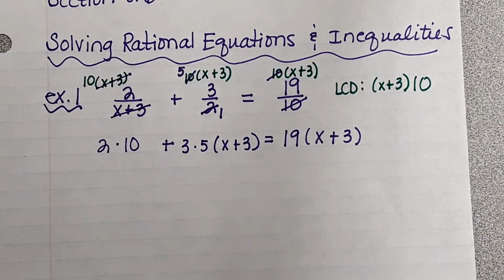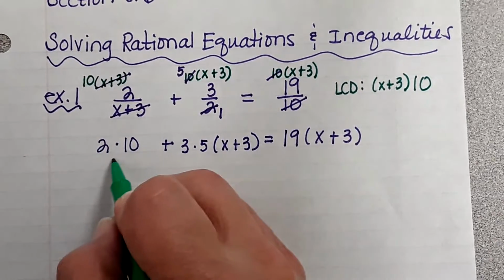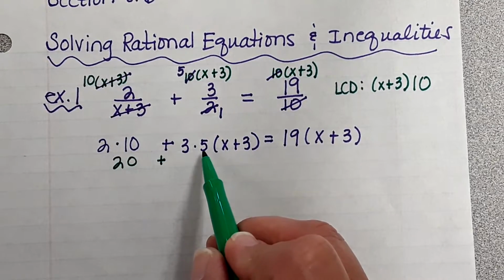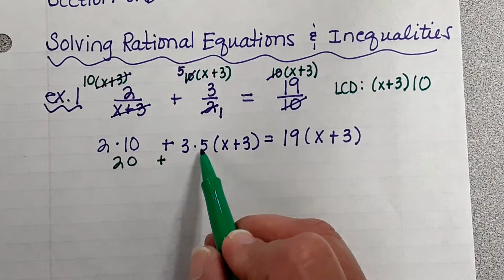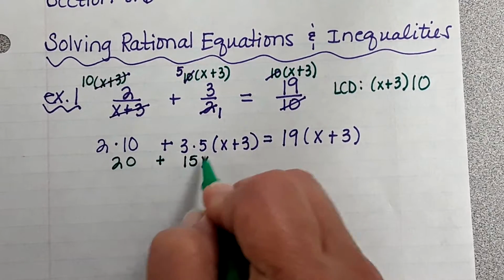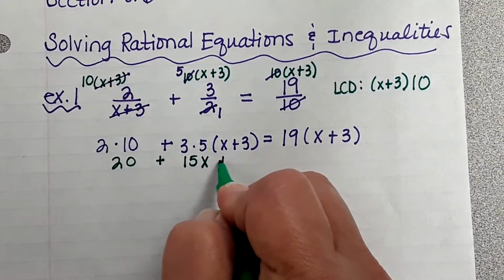Now we're just going to clean it up a little bit. So 2 times 10 is 20 plus, well, 3 times 5 is 15, 15 times x. And 15 times 3?